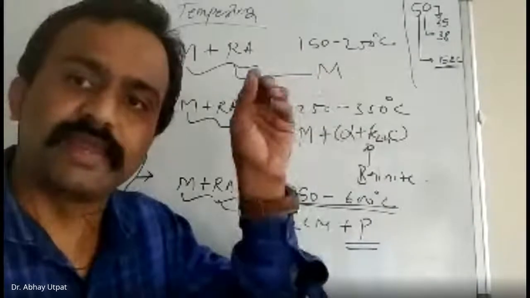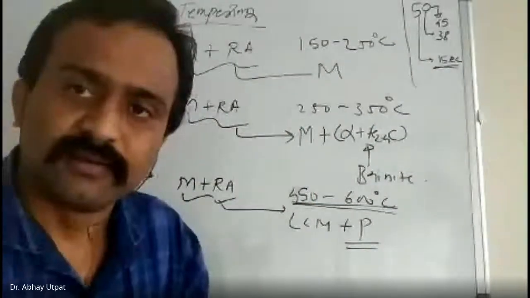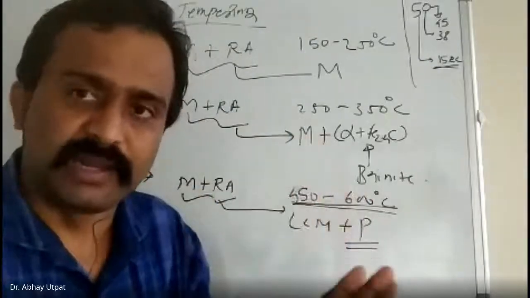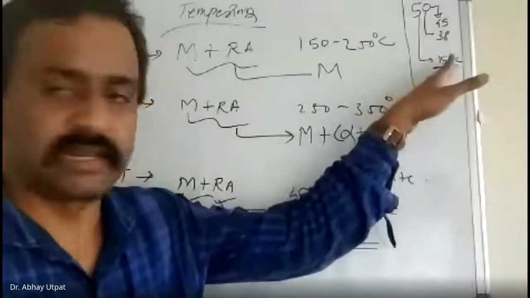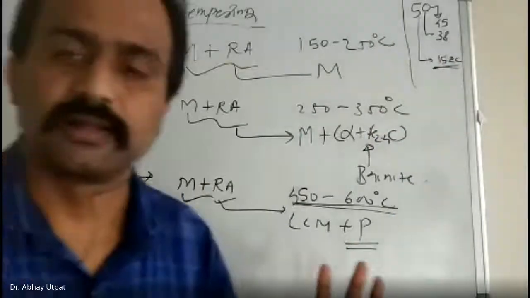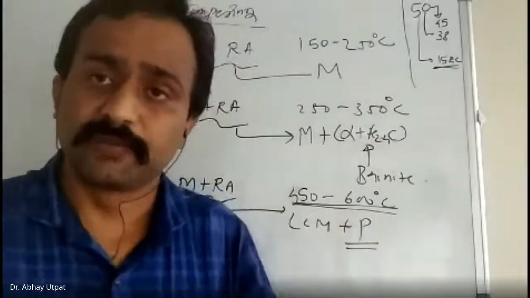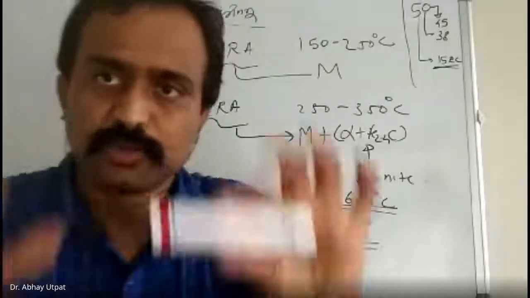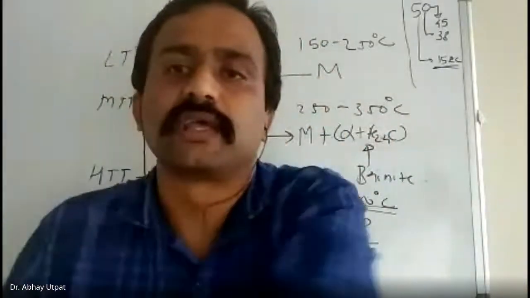So if you carry out a normalizing treatment, whatever fine pearlite you have, its hardness is around 15 to 20 RC. Normalizing is just heating, soaking, and cooling in air.